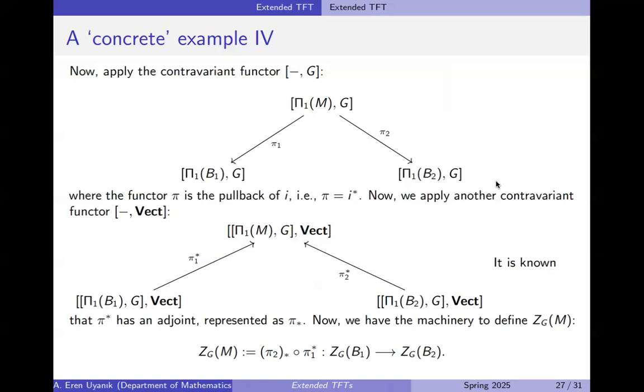Up to a natural isomorphism. Okay, I just take the adjoint and compose it. I guess these are functors, but we are in the category of categories, and we just take the composition in the functorial sense, in our bigger category.